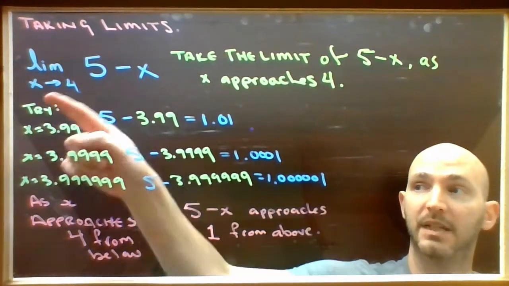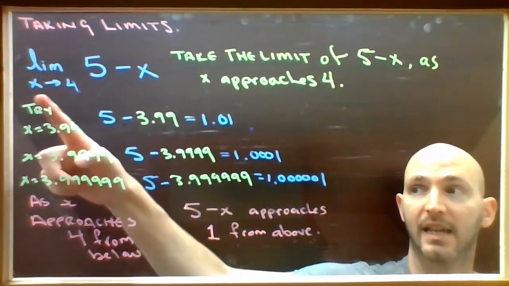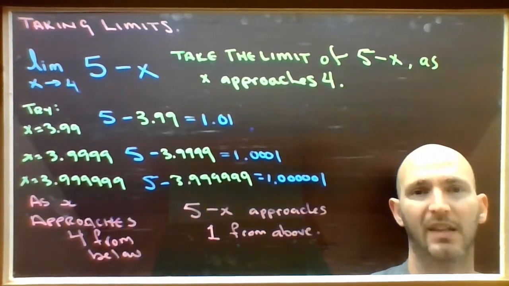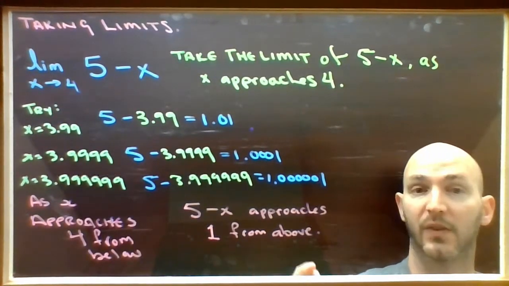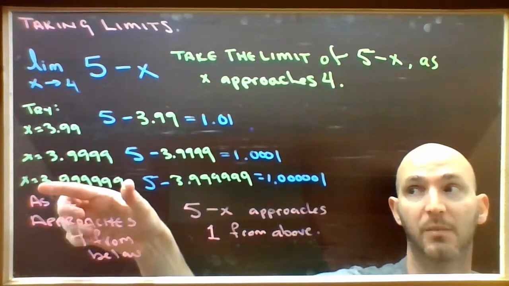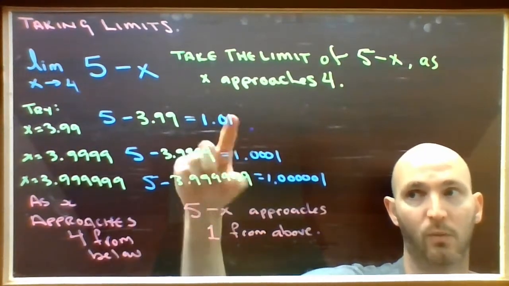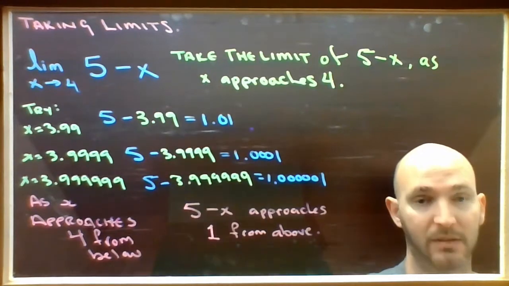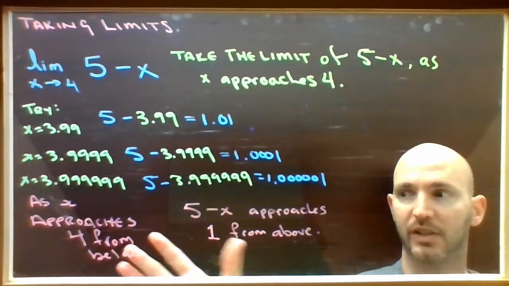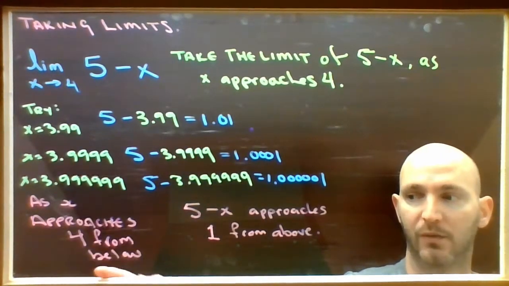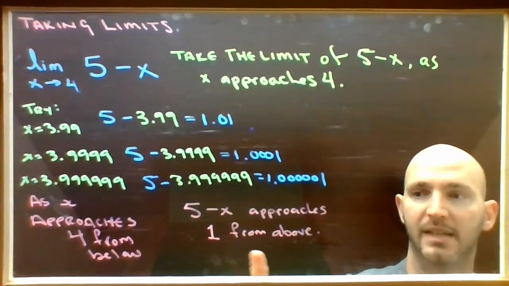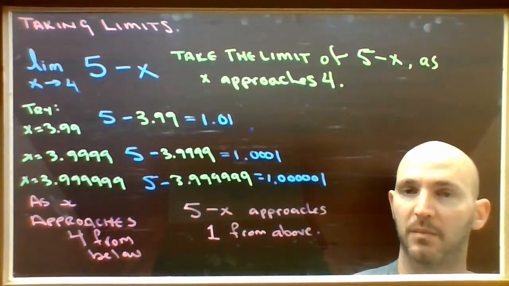You've taken the limit of 5 minus x as x approaches 4. So there's two parts to it. The first one is trying 3 numbers that do approach this value and calculating what the output is approaching. And then actually acknowledging that as x is approaching 4 from below, 5 minus x is approaching 1 from above.